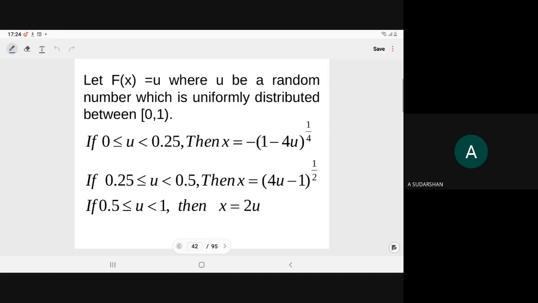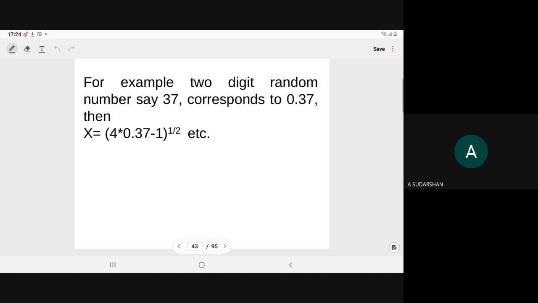Now, in continuation of that, if, for example, a 2-digit random number is given to you, 37. A random digit is always given like this, but when we have to use it, we have to use it between 0 and 1. So 0.37.